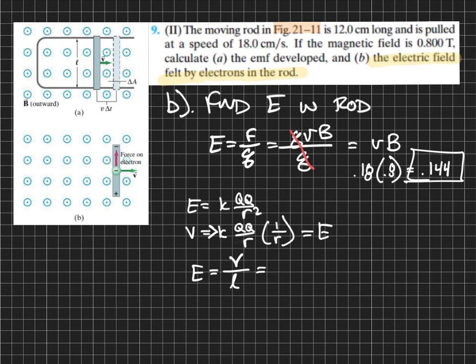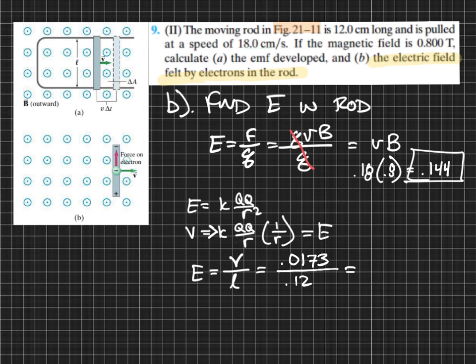So we solved for our voltage by finding our EMF, and that's 0.0173 divided by our length, which is 0.12.